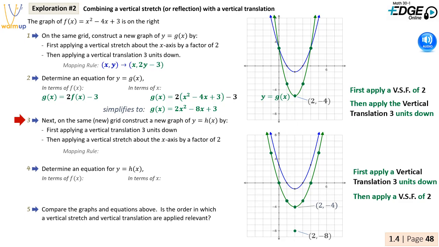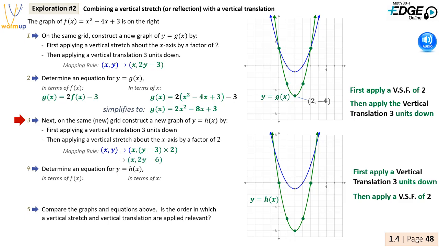When we then stretch this by a factor of 2, the -4 doubles to become -8. This mapping rule then follows its order of operations, which is to say we subtracted 3 from the y value first and then multiplied the result by 2. When we simplify this, we get 2y minus 6. Effectively, the translation of 3 was doubled.